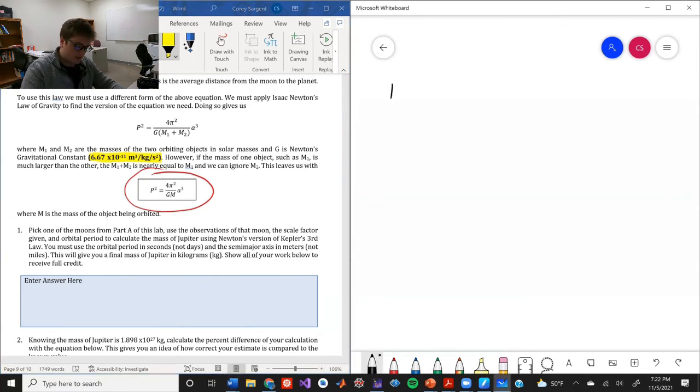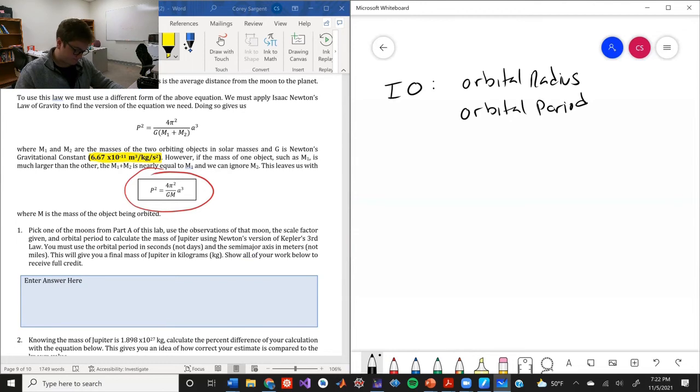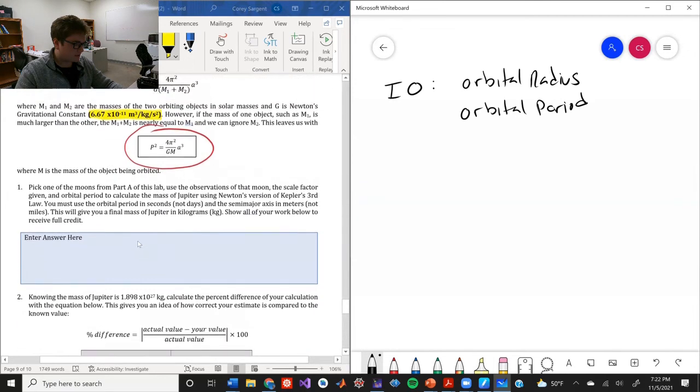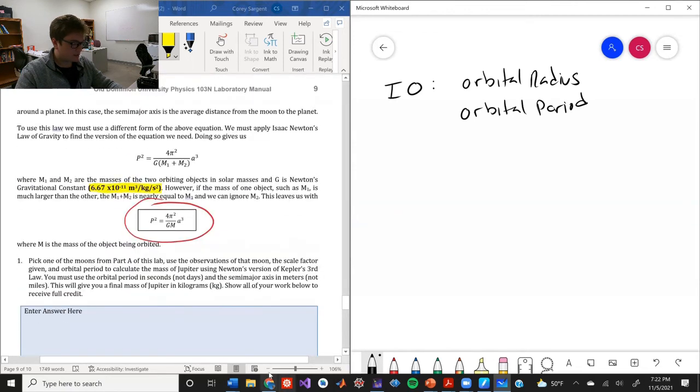But from part C, we need the orbital radius, and we need the orbital period. All right, and so let's see, I'm going to take a look at the lab guide.